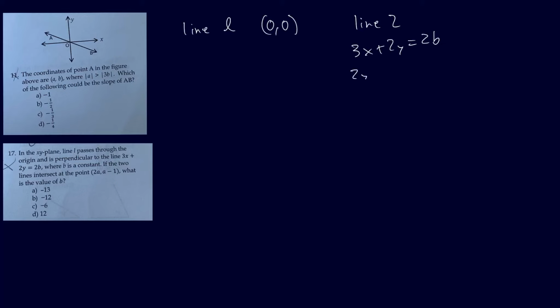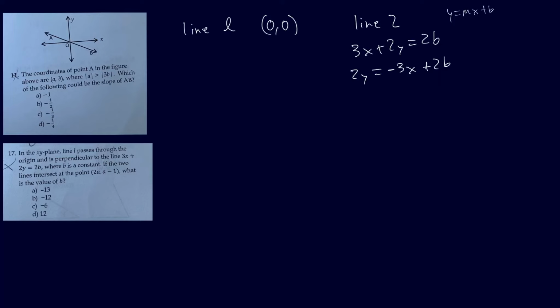And then I will be left with 2y equals negative 3x plus 2b. I'm keeping the negative 3x first because the slope is attached to the x value, and the b is usually at the end because of the form of the formula, which is y equals mx plus b.